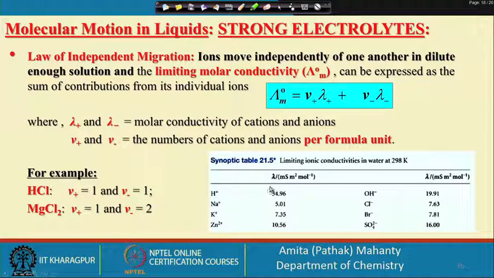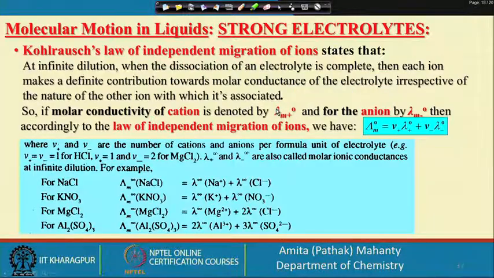The limiting ionic conductance of H plus is pretty high, and zinc ion is also very high compared to these two, but H plus is exceptionally higher. So for the limiting values of the positive ions, you add these up, multiply by the respective nu values for the system, and you should get the total molar conductance for that particular electrolyte.